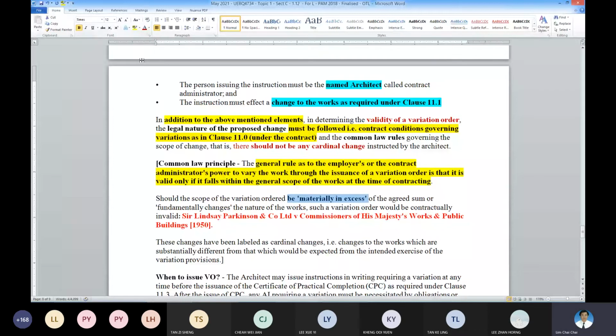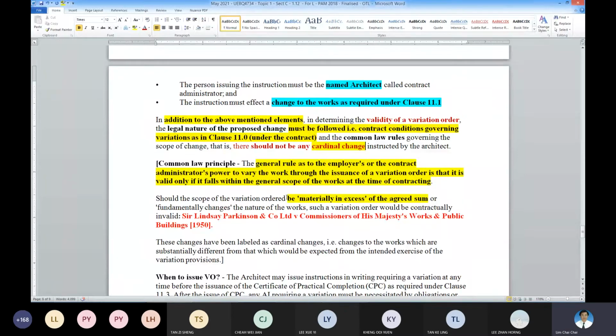This is one of them: material in excess of the agreed sum. For example, your contract is a 1 million contract sum, and the VO issued becomes 20 million. So this falls under cardinal change. Agreed? That is in terms of value, very excessive. Type 1 cardinal change.